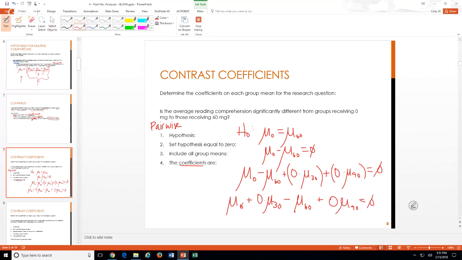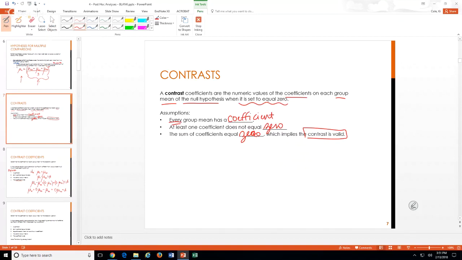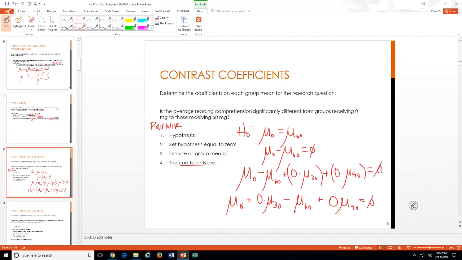Now, I have every group mean. At least one of them is not 0. Now let's see if the sum of the coefficients equals 0. What is the coefficient on mu sub 0? What's the number out here? 1. What is the coefficient on mu 30? 0.